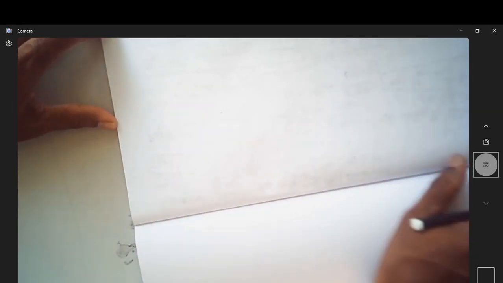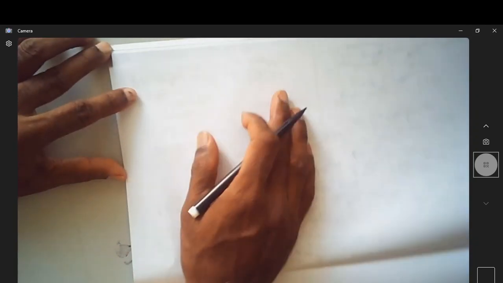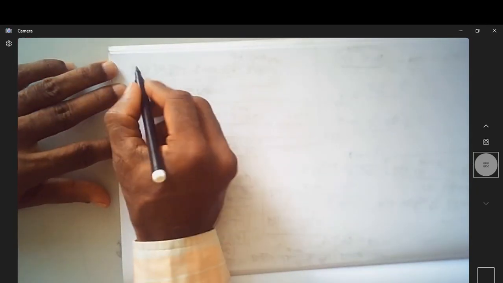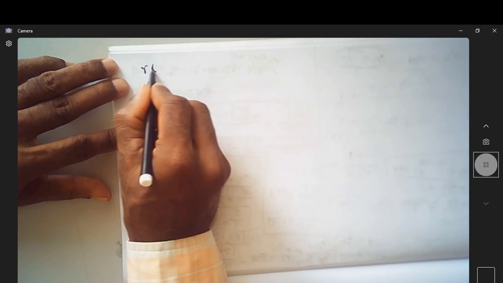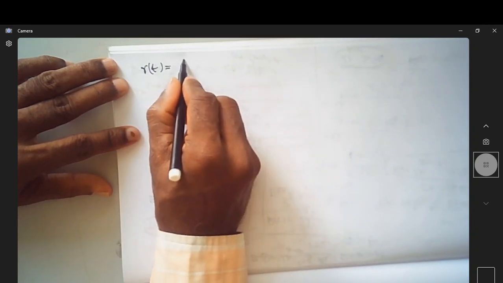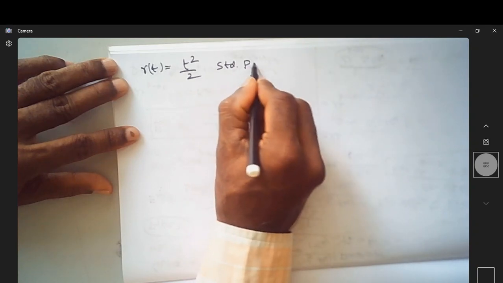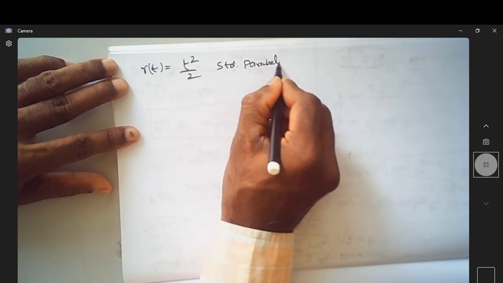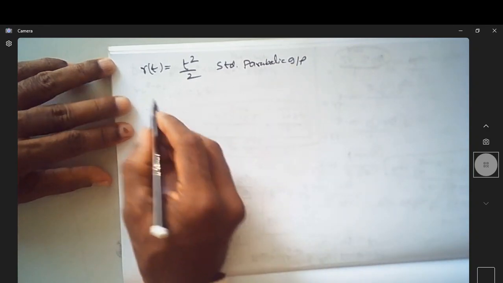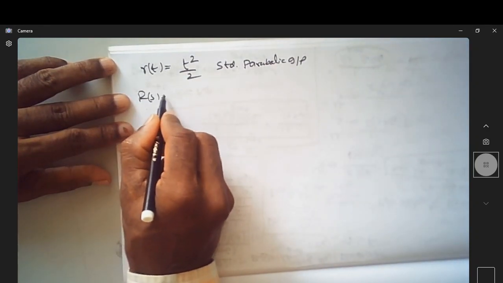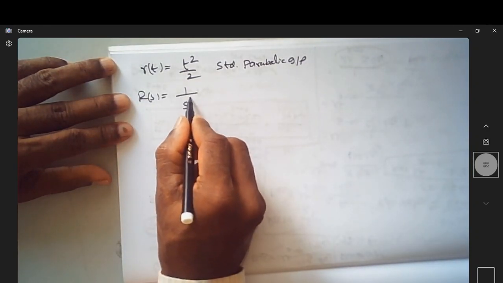If the input is a parabola, take R of t as t square by 2, which is a standard parabolic input. Then what is R of s? It is 1 over s cube.